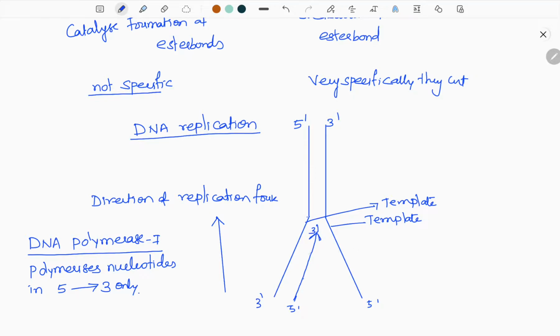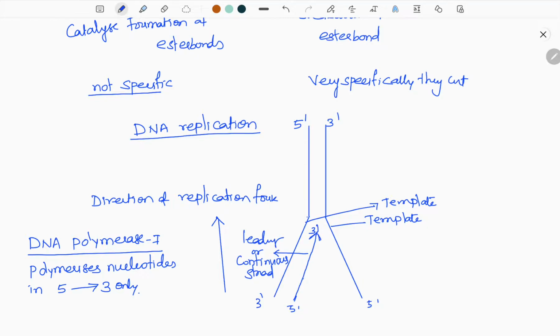So this strand is called the leading strand, or it is also called the continuous strand.